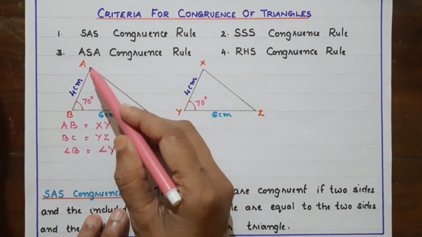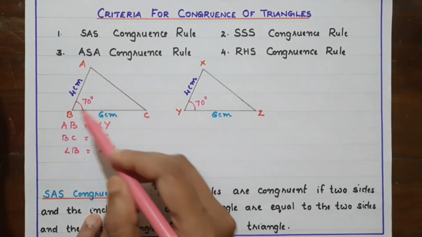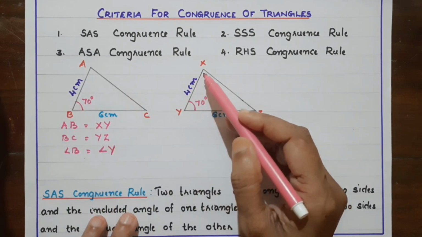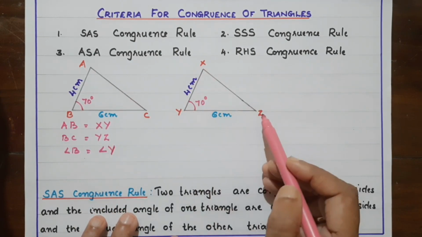See, here we know the measurements of AB and BC. So the included angle is angle B. Here also we know the measures of XY and YZ.